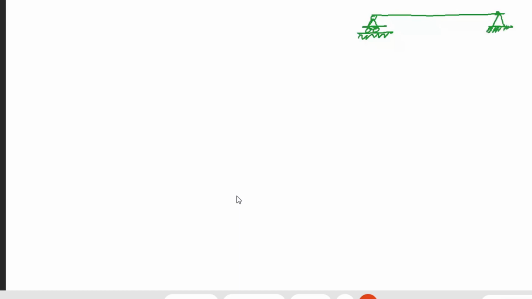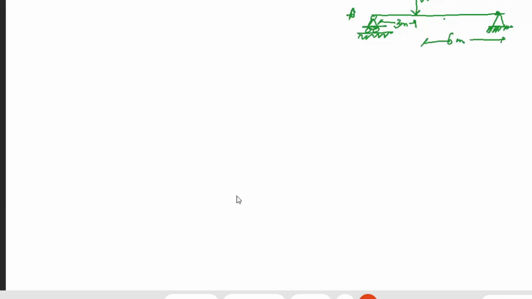Then it has a load of 6 kilonewton at a point 3 meter from point A, and then the rest of the distance is 6 meter.